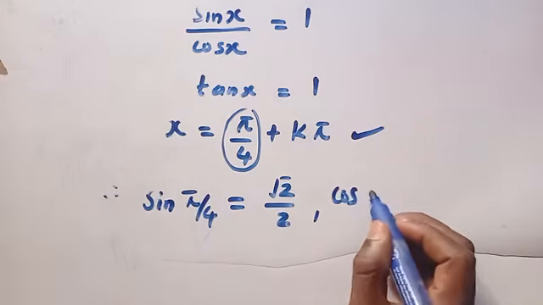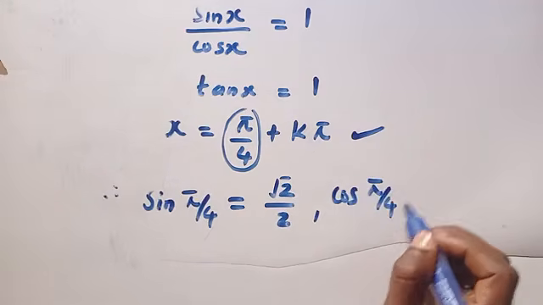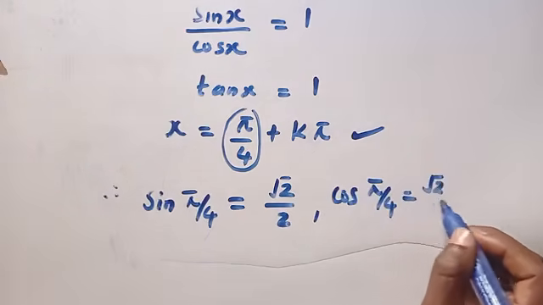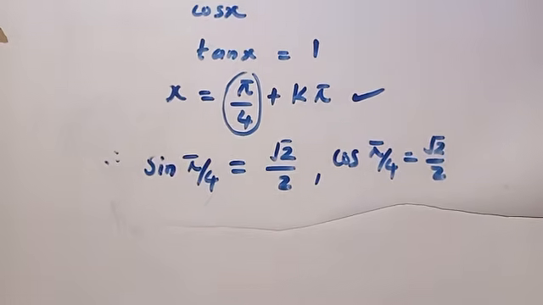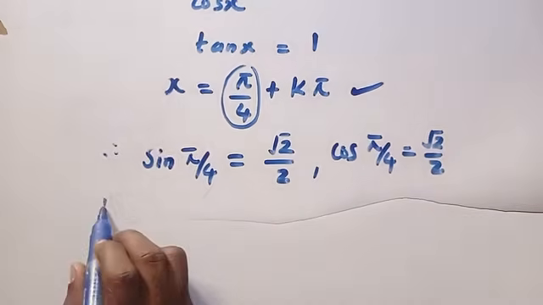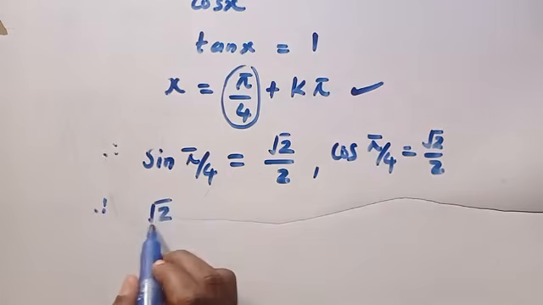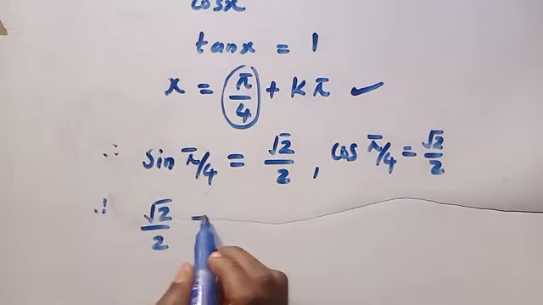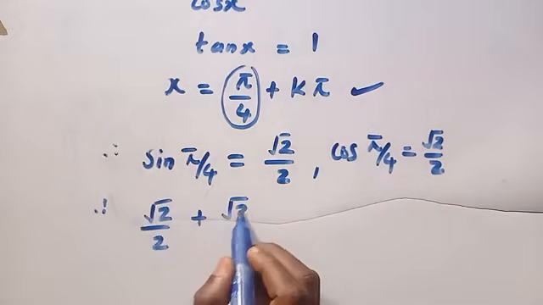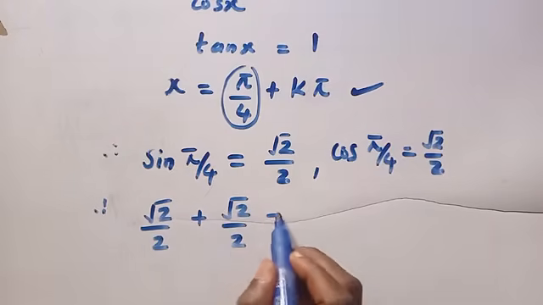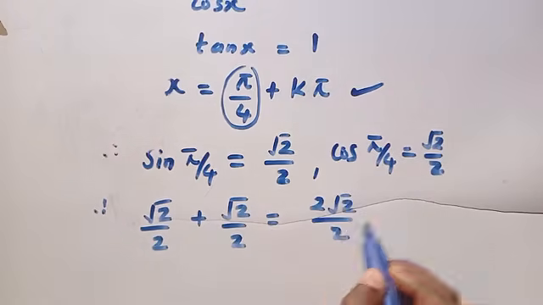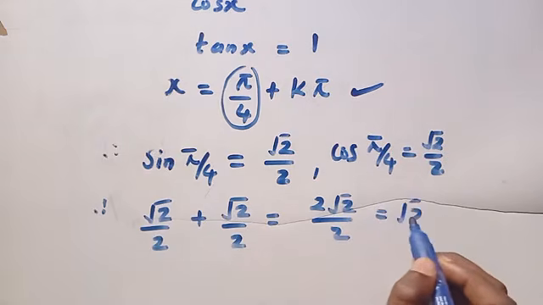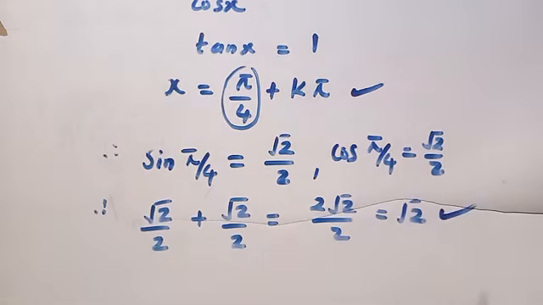And again, cos pi over 4 gives us root 2 over 2. And then let's add together. We have root 2 divided by 2 plus root 2 divided by 2. This equals 2 root 2 over 2, and that equals root 2. This works.